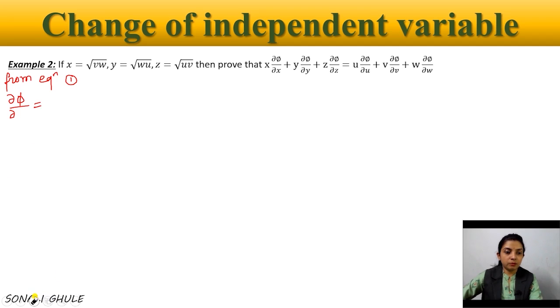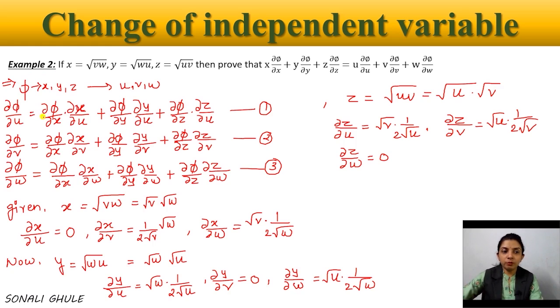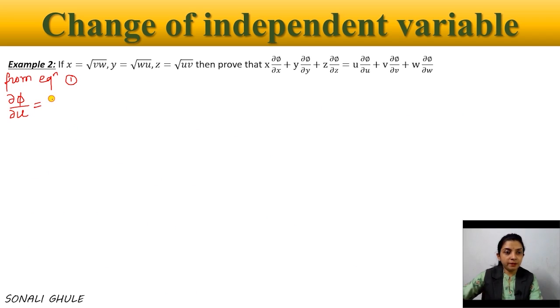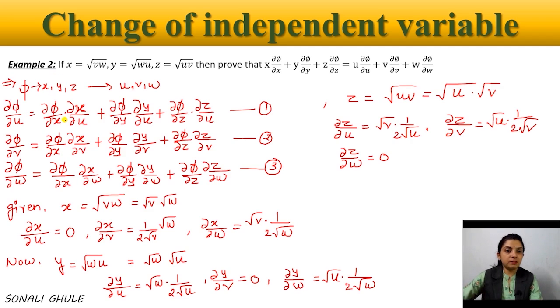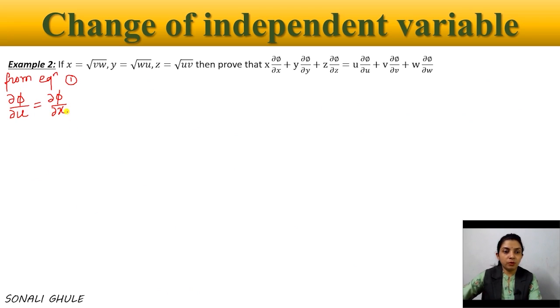Okay, so it is ∂φ/∂u, right? Now what is ∂φ/∂u? ∂φ/∂x into ∂x/∂u. So we have to write here ∂φ/∂x. This derivative will be as it is because we don't have a function φ in terms of x, y, z. Okay. Now next, x with respect to u. What is x with respect to u? It is 0. So I can write here 0 plus.